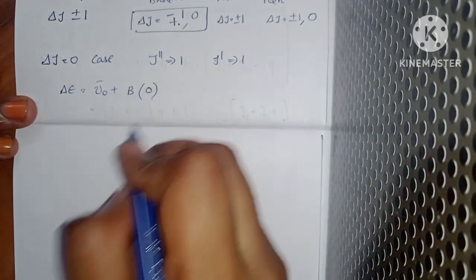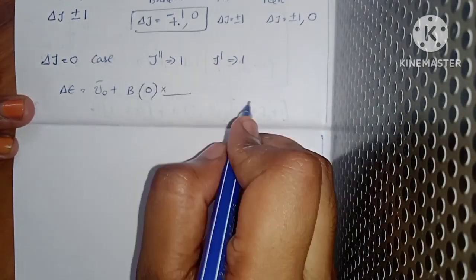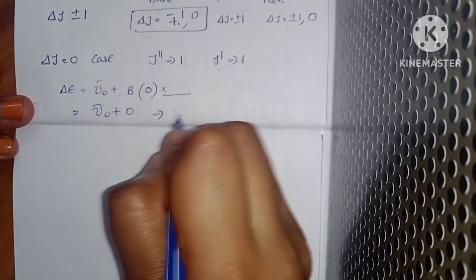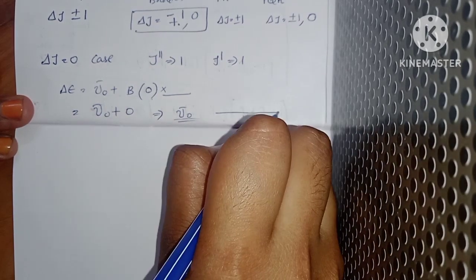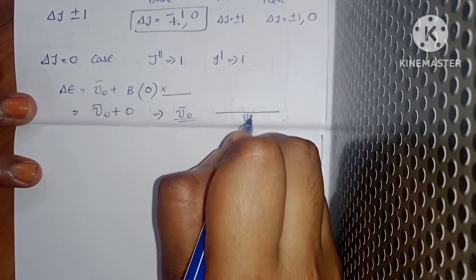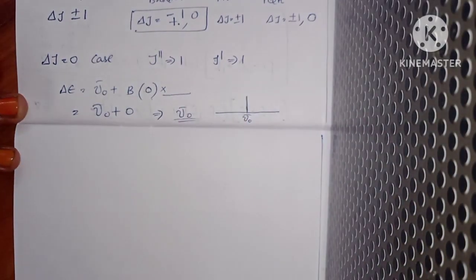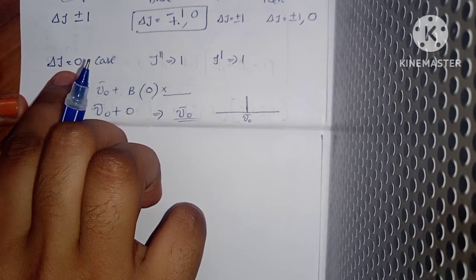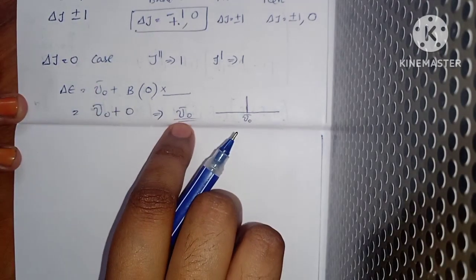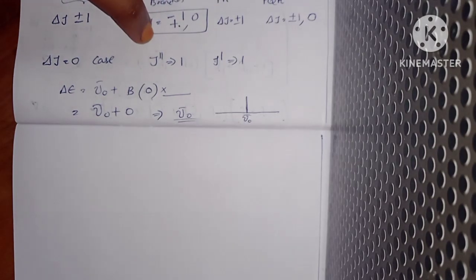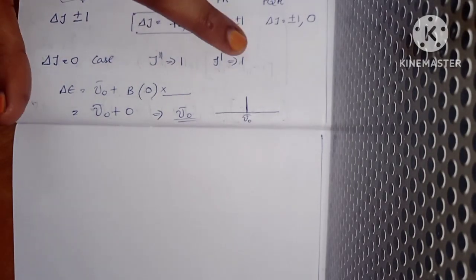That will be 0, so no need to look for the remaining terms. It will be mu bar 0 plus 0 only, that is mu bar 0. That means the Q branch we will get at the midpoint. This branch is known as the Q branch, delta J equal to 0. The energy will be mu bar 0 only, that is no more rotational transition. Rotational transition is there but between the same number, 1 to 1 like that.